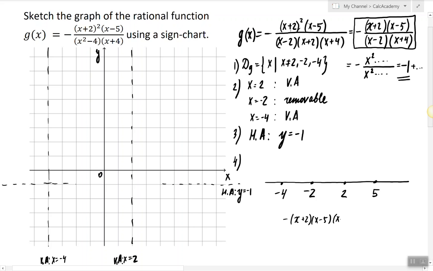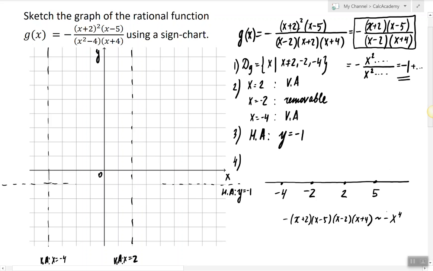Now, the sign chart of this rational function is exactly the same as the sign chart of this polynomial function. That's just a fact. That means we can take advantage of our knowledge of polynomial functions to produce the sign chart for this rational function.